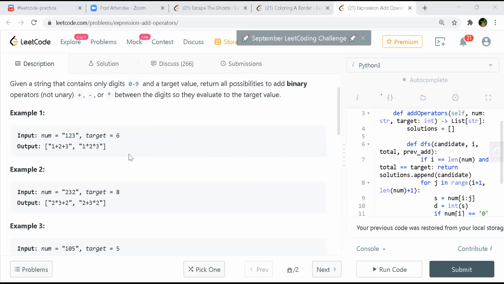Yeah, Dilip. Even I have the code, but it's failing for some really big test case. I don't know why it's failing. So you were also implementing the same thing Harshit was saying? Yeah, same way. I do the same thing for the multiplication.